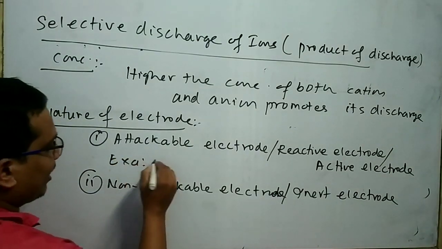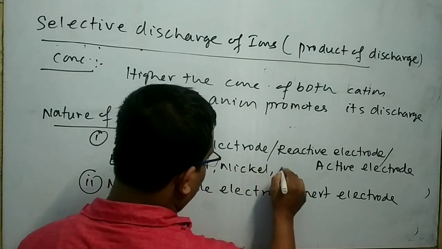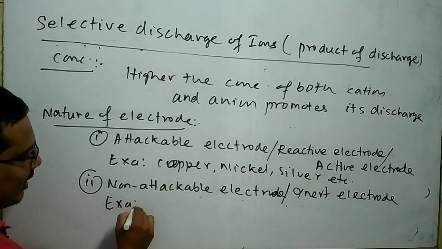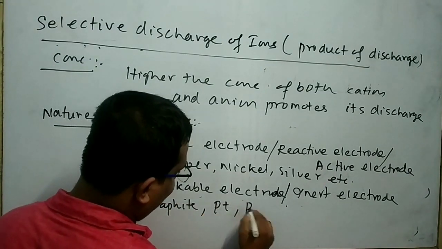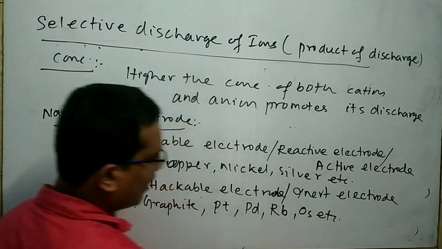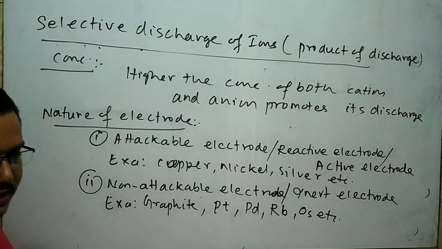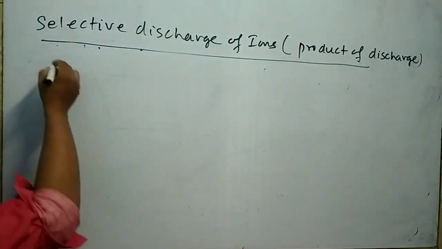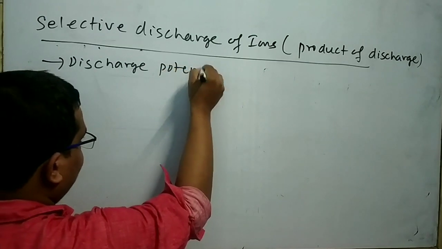Examples of attackable electrodes are copper, nickel, silver, etc. Examples of non-attackable electrodes are graphite, platinum, palladium, rubidium, osmium, etc. Remember an important point: an attackable electrode affects the product of electrolysis, while a non-attackable electrode does not affect the product of electrolysis. Next, I will discuss the discharge potential.